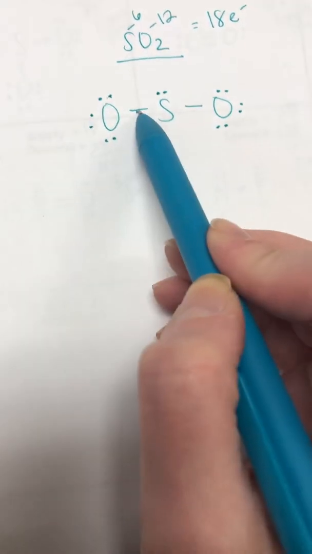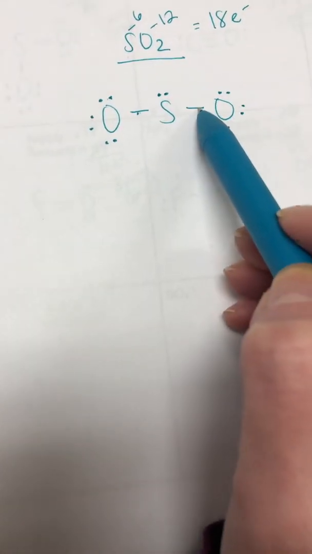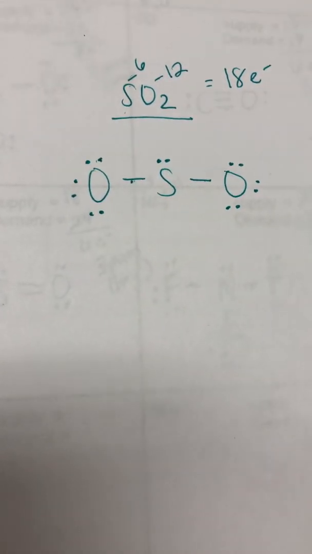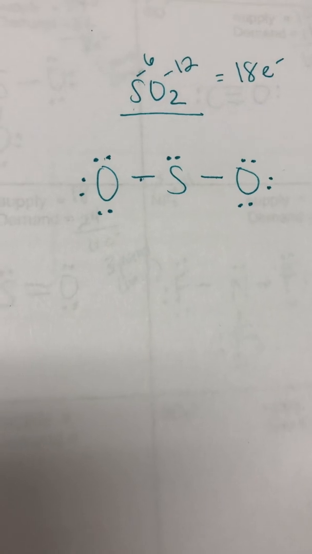So 2, 4, 6, 8, 2, 4, 6, 8. So the oxygens are good. They all have 8. But my sulfur, 2, 4, 6, it's short 2 electrons. But I can't just add more dots because that's all I got. I got 18. So where can it get 2 more electrons?